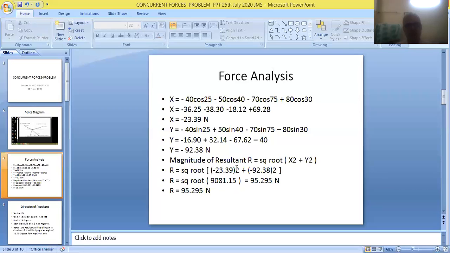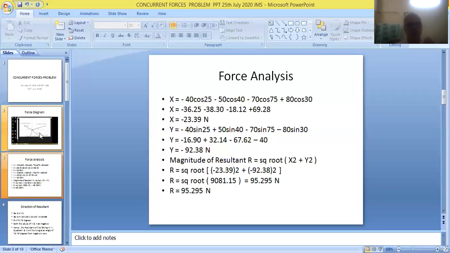So this formula, expressed in terms of sigma x square and sigma y square, can be used for measuring the resultant. So that is called the magnitude of resultant.